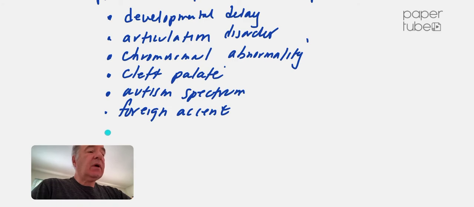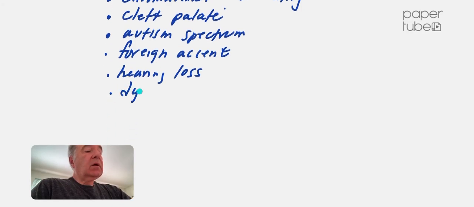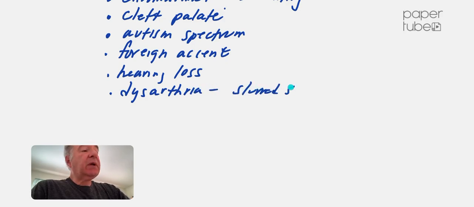Certainly, students with a hearing loss have difficulty with articulation. Students with, this is a big word, dysarthria, which could be kind of slurred speech, but it pertains to individuals that have difficulty with the motor movements, the motor patterning of the mouth and the tongue, and the articulators that make it difficult for you to understand their speech.